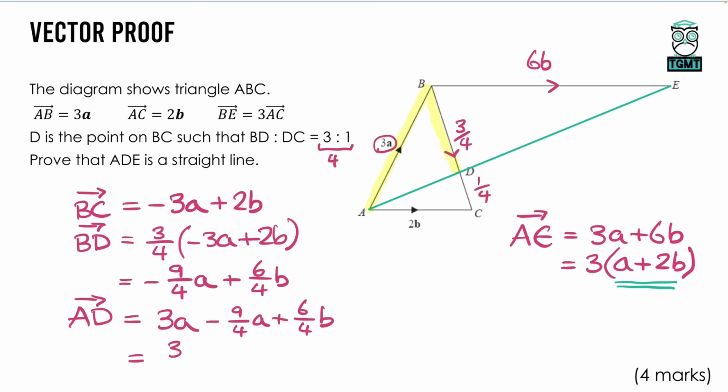So I get 3/4A plus 6/4B. Now this vector here is the vector A to D, and somehow that needs to match the vector that we found over there, A to E.